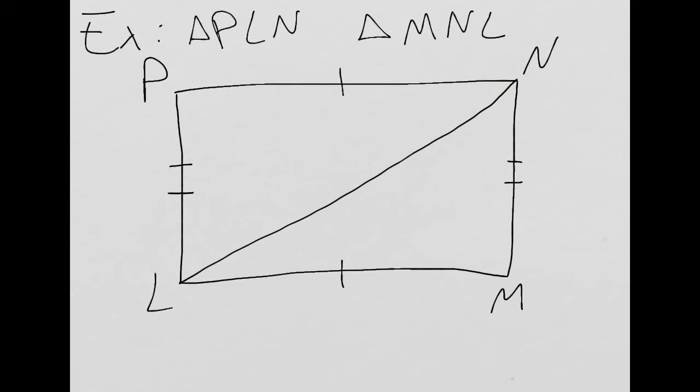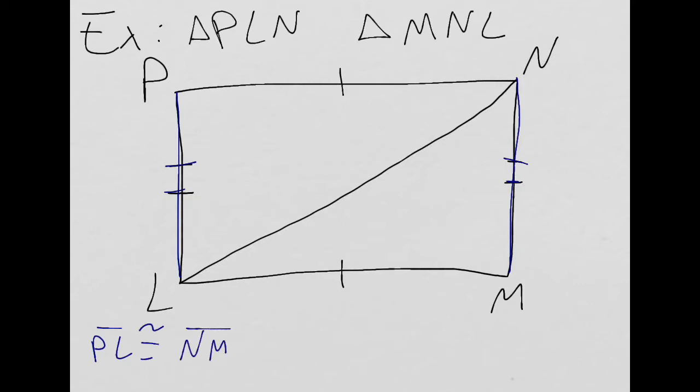Our goal here is going to be to figure out if these two triangles are congruent. Well, let's start out. So I have PL and NM have these same markings here that tell me that they're congruent. So I can say that PL is congruent to NM.